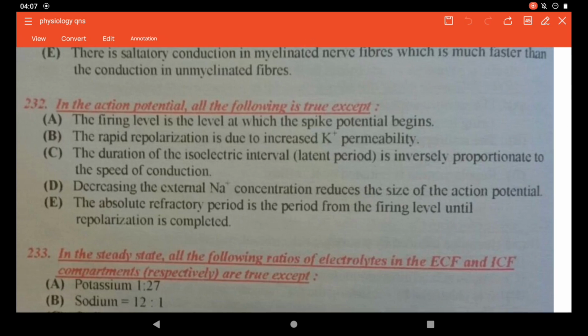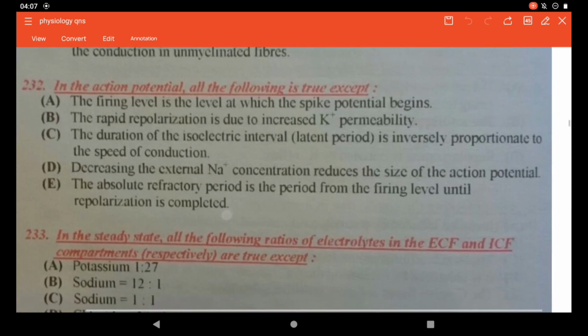We can go to 232. In the action potential, all the following are true except: A. The firing level is the level at which the spike potential begins. B. The rapid repolarization is due to increase in potassium permeability. C. The duration of the isoelectric interval, what they call the latent period, is inversely proportional to the speed of conduction.